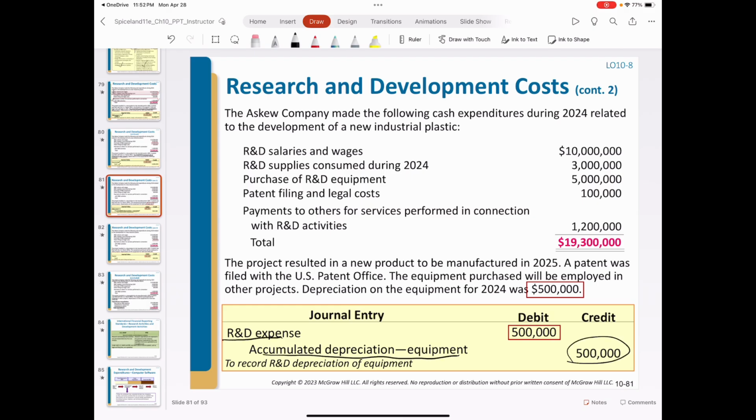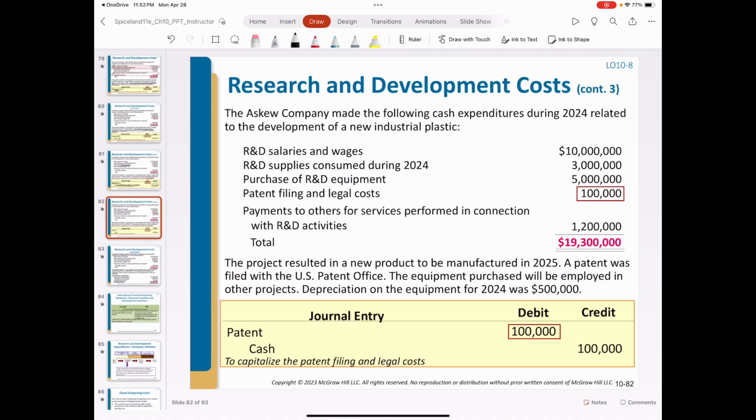This will reduce the book value of this R&D equipment. Finally, when the company filed for the patent with the U.S. Patent Office, the patent fee will be capitalized as the value of the patent, 100,000.